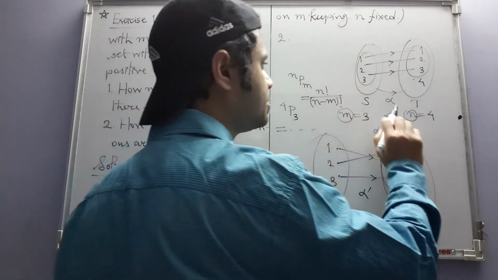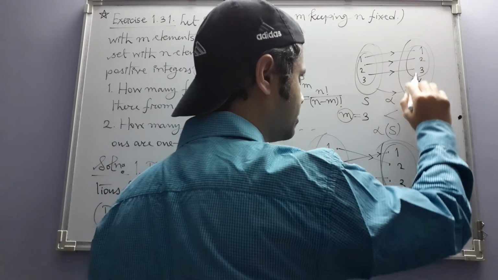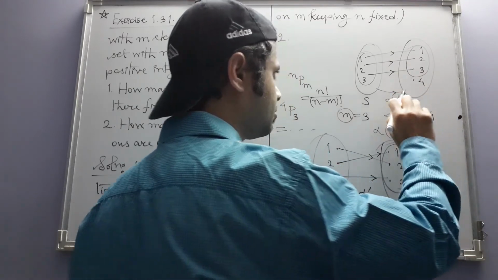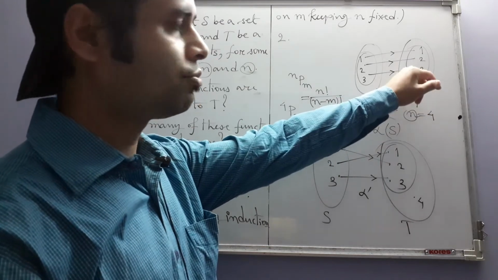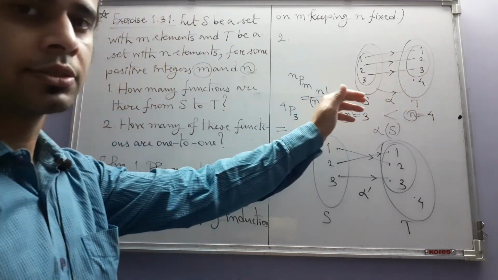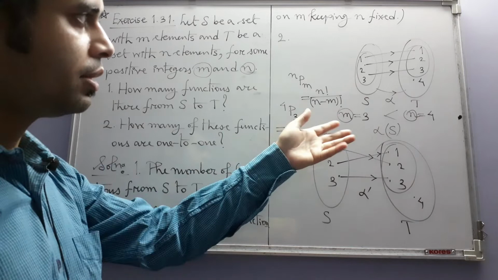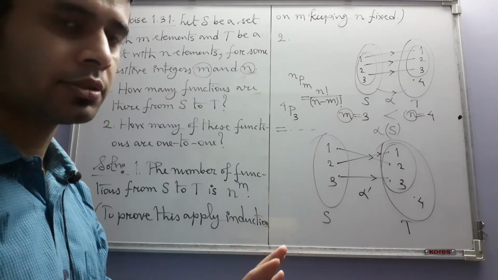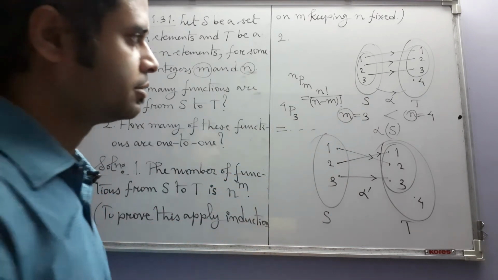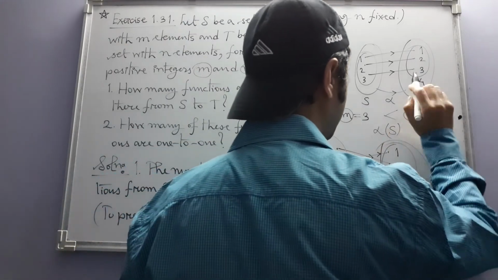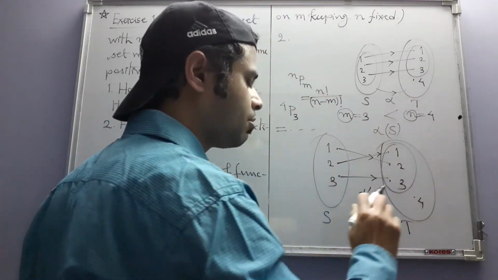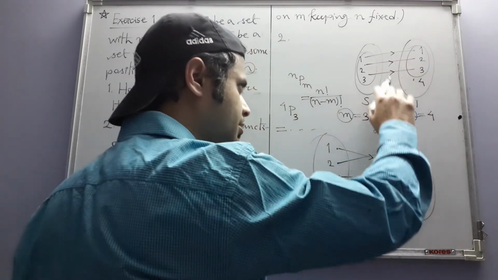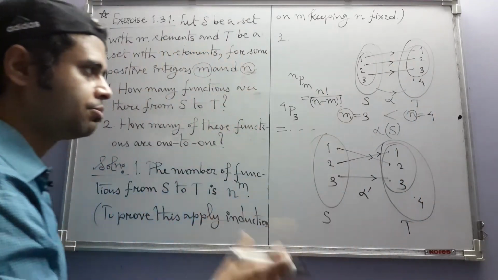If n is equal to m, then you will not have any other choice. Here you could include 4 and exclude 2, and that way also you will have one-to-one functions. But if your n is also 3, then these are the only images with which you have to work.